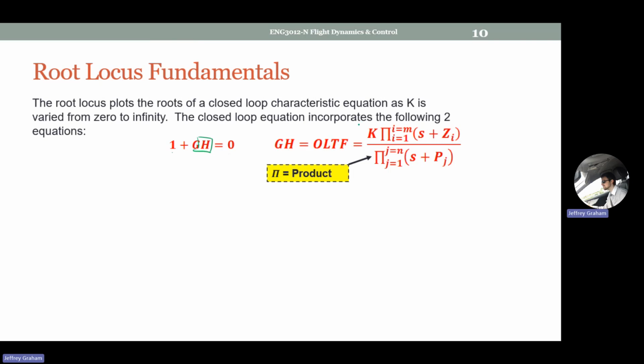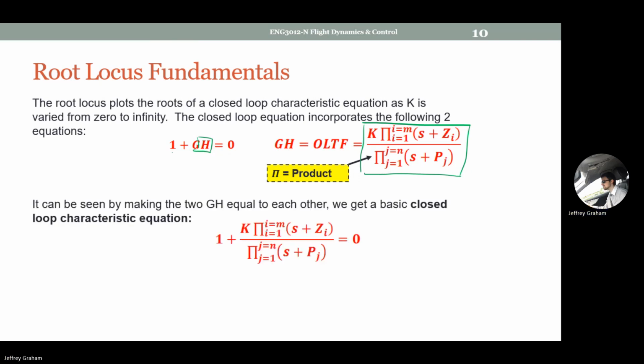And the open loop transfer function, based on what we've been doing, is abbreviated to this. Right, so quick substitution. And then I'll very quickly explain what's going on with all of this at the top.